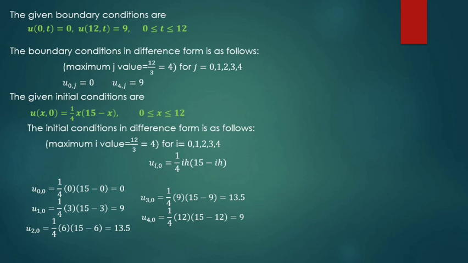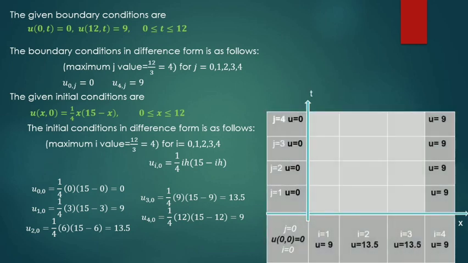So now let us plot this boundary and initial conditions in the mesh points. Along this horizontal line you have i varying from 0, 1, 2, 3 and 4.